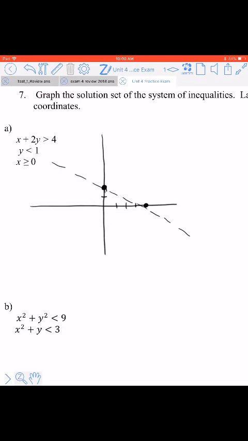So if I choose a test point 0, 0, I would end up with x plus 2y would be 0 plus 0. So I'd have a statement that 0 is greater than 4. That's not true, so the test point I chose, 0, 0, isn't in the shaded region. So for this line, the shaded region is above. So I'm shading above the line.